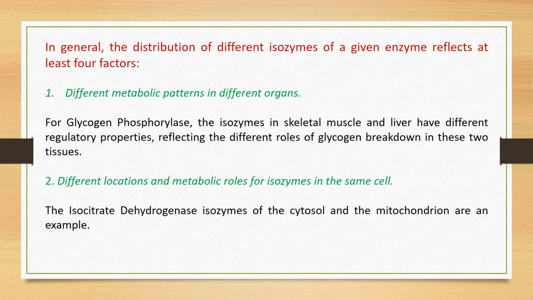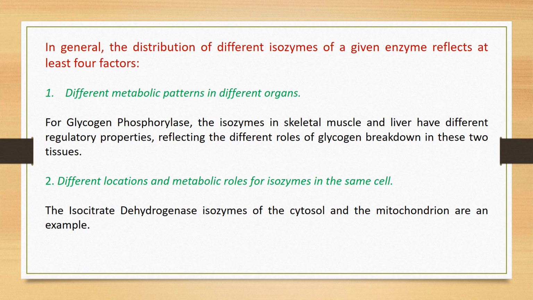In general, the distribution of different isoenzymes of a given enzyme reflects at least 4 factors. What are they? Number 1, they point towards the different metabolic patterns of different organs. Suppose we take the example of glycogen phosphorylase, an enzyme used for the breakdown of glycogen, glycogenolysis. It is different in skeletal muscle and liver in its regulatory property.